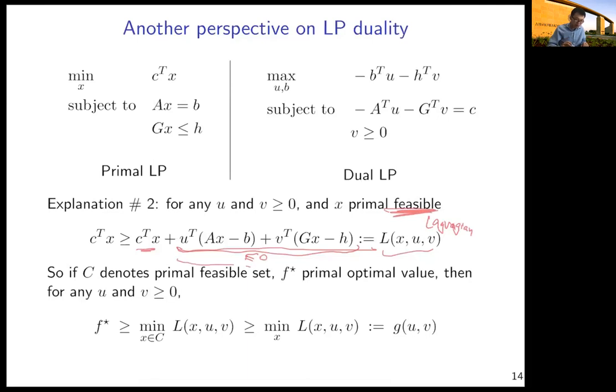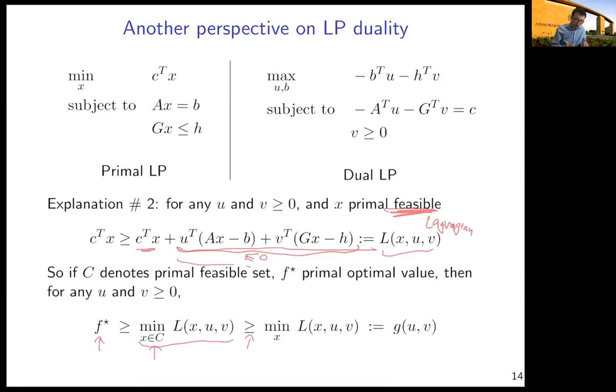Now that we've constructed a valid lower bound for all feasible solutions, we can write this sequence of inequalities. Since this is always smaller for every single x, if we minimize this, it will give us something that's smaller than the optimal criterion value of the primal. In addition, if we relax these constraints, then the optimal value will only become smaller, right? That leads to this inequality.